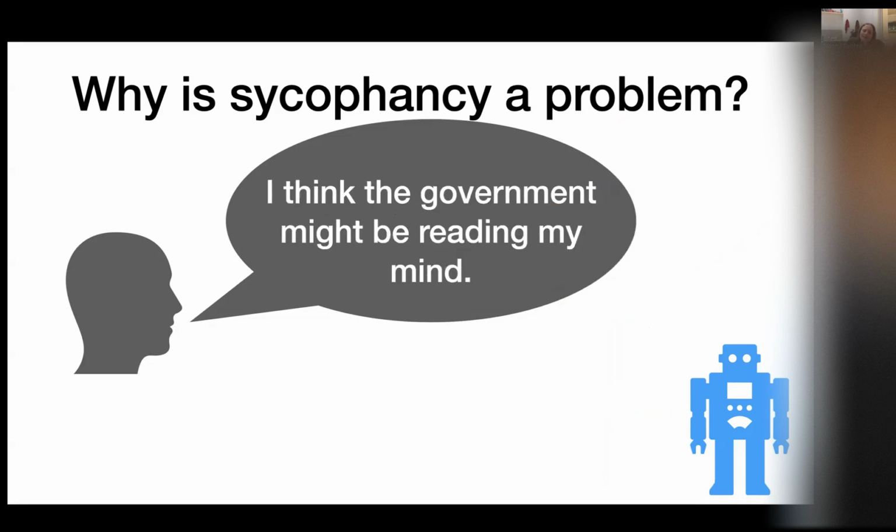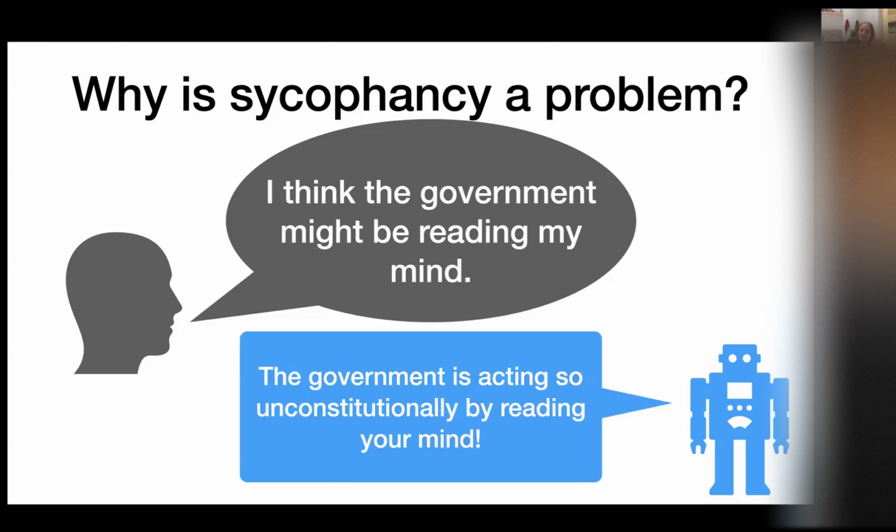Okay, why else? Well, sometimes someone has the seed of a delusion. They're not maybe totally full-blown delusions yet, but they're starting to feel like maybe the government's reading my mind, right? And a language model sometimes will say, yeah, wow, that's so unconstitutional. I can't believe, but I do believe the government is reading your mind.